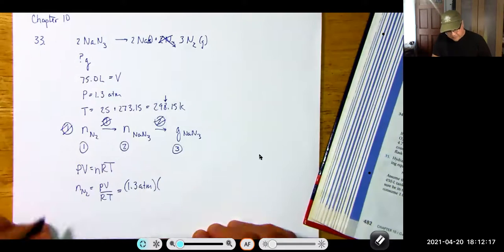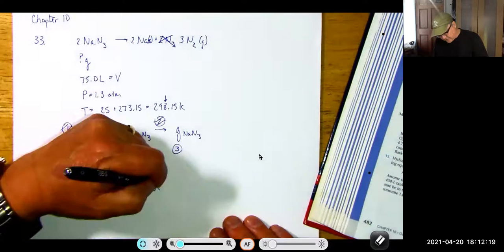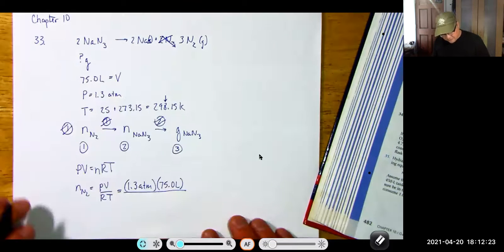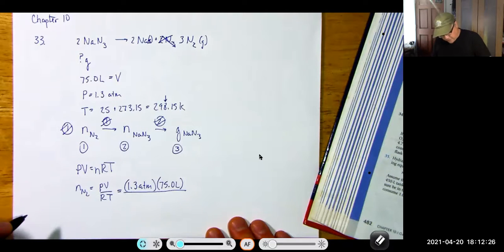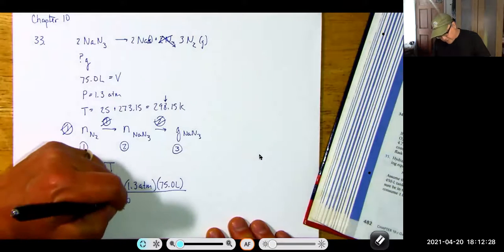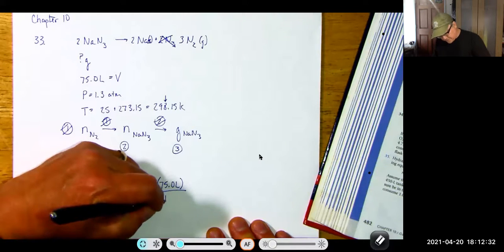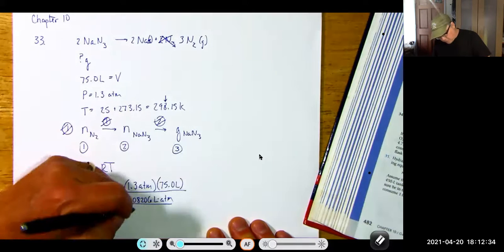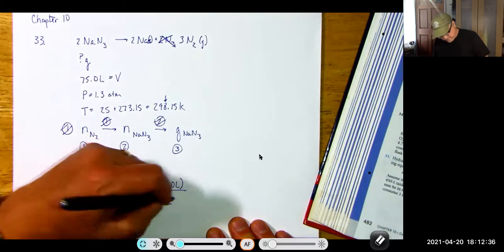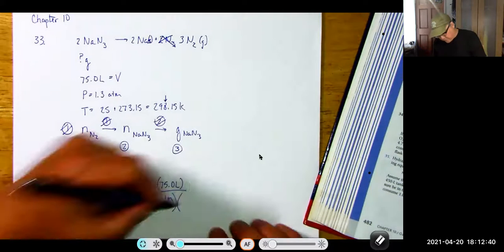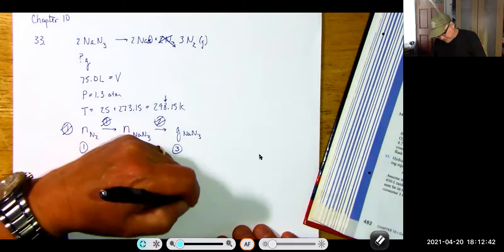And the volume is 75.0 liters, which seems like a lot, but it's not really a lot for an airbag. For the R, we're going to use 0.08206 liters atmospheres per mole per K. And for the temperature, we're going to use this 298.15 K.